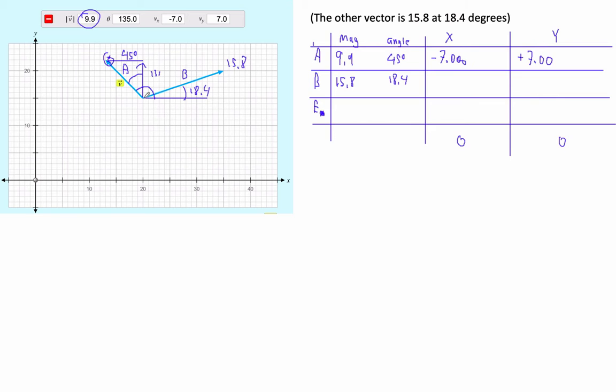Let's figure out these components here. Okay, so this side is going to be 15.8 sine 18.4. And that's 4.987, and that's in the y direction. That's positive, right?